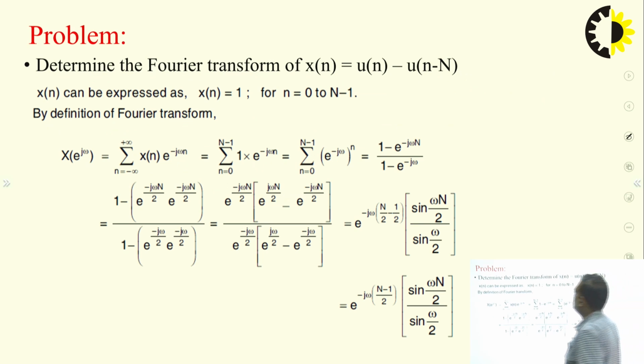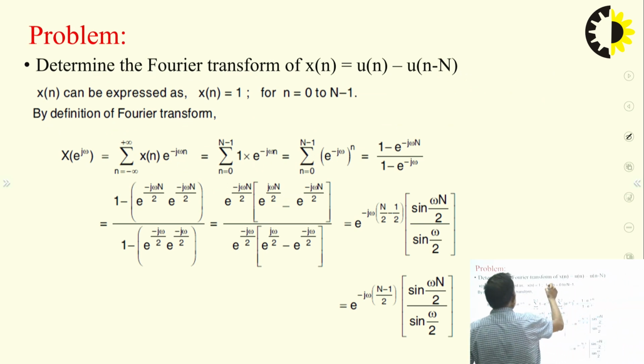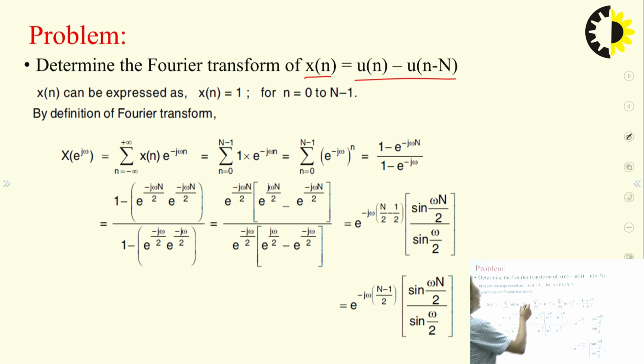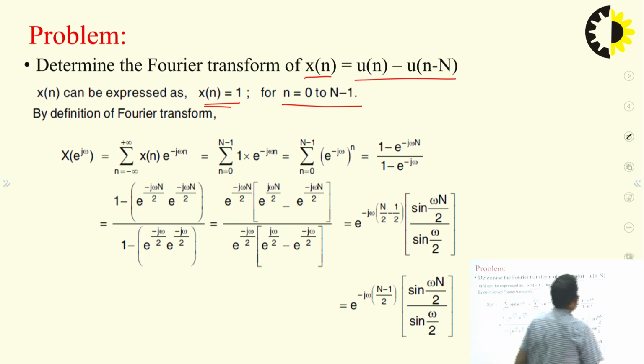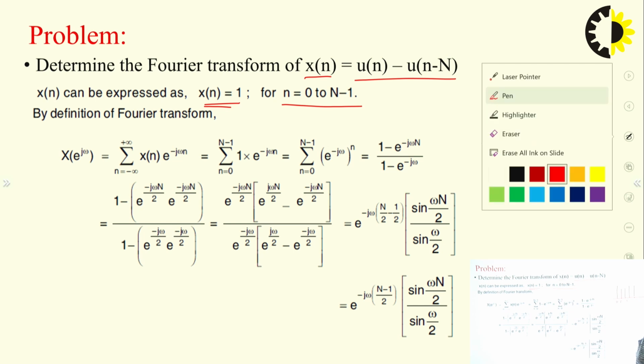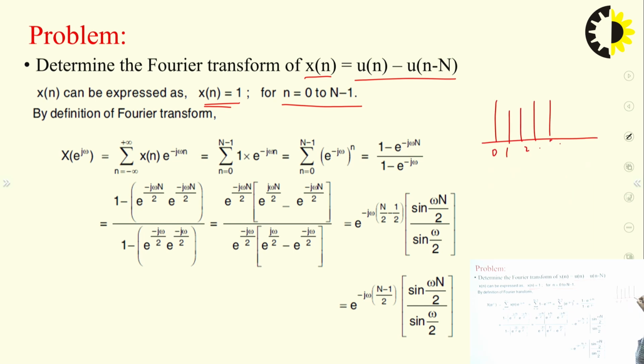Now another sequence: we have to find the Fourier transform of x[n] equals u[n] minus u[n minus N]. You can see this can be expressed as x[n] equals 1 for n equals 0 to N minus 1, because you have the sequence u[n] starting from 0, and u[n minus N] means there is another sequence starting from N with a negative sign.